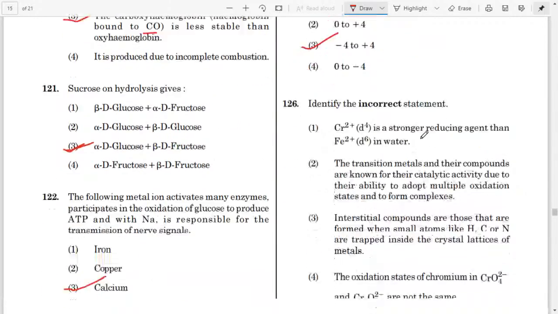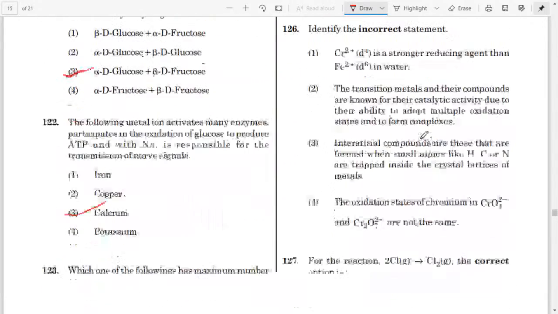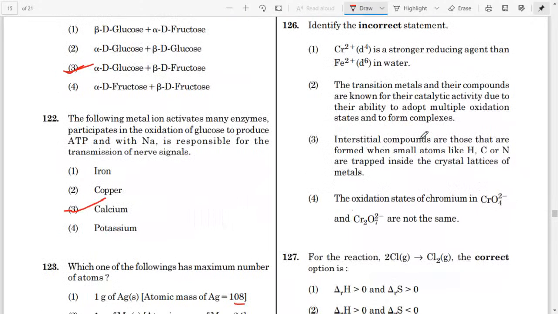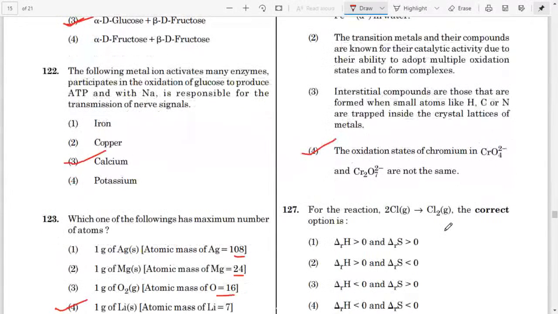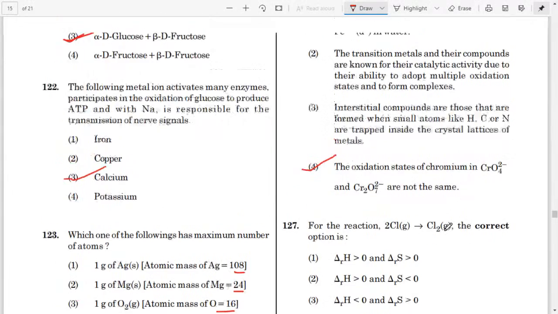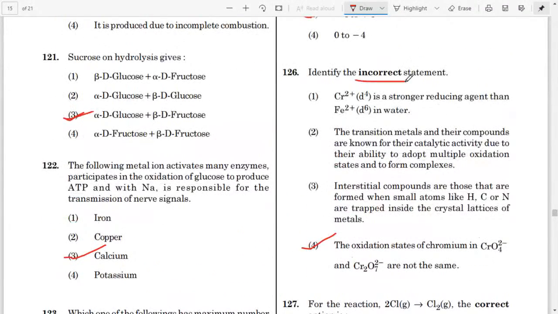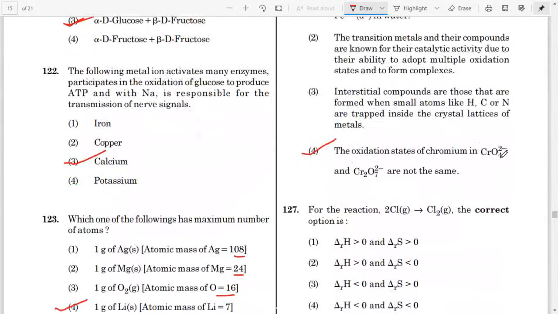Next, identify the incorrect statement. The oxidation states of chromium in chromate 2 minus and dichromate 2 minus are not the same. The question asks for the incorrect statement. Let us calculate here. 4 times 2 is 8, 8 minus 2 is 6, chromium is plus 6.